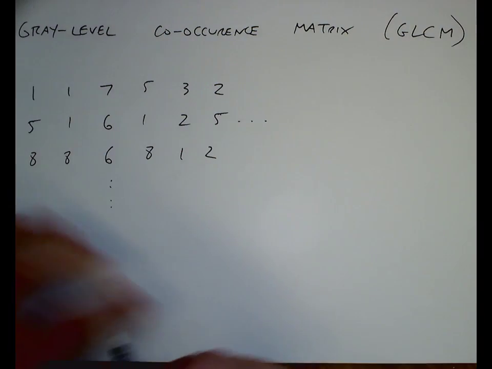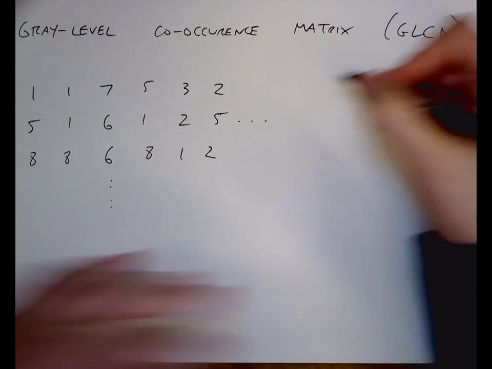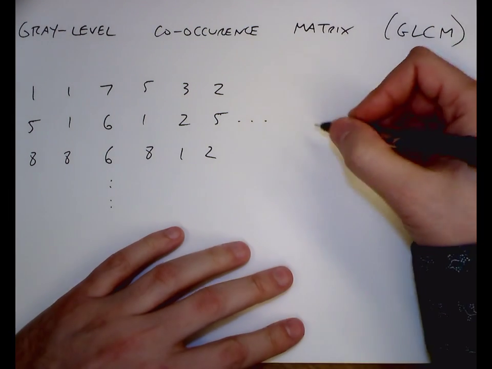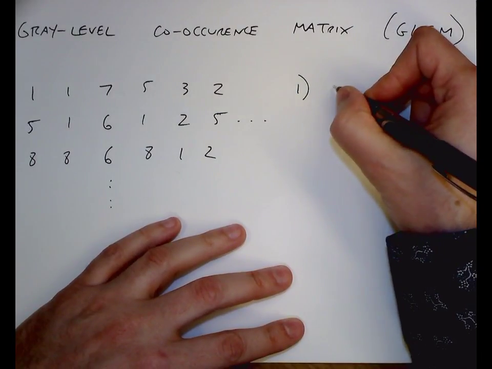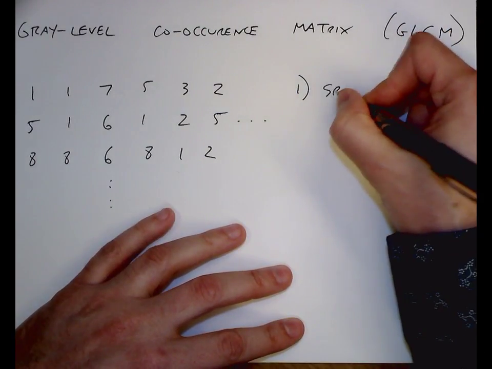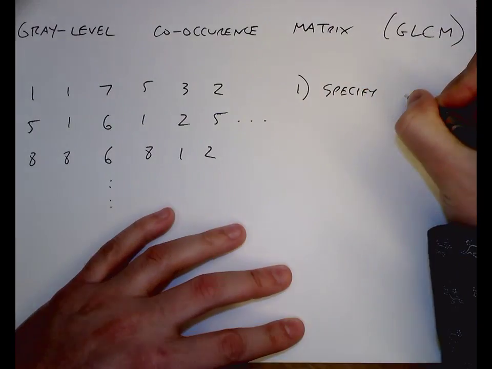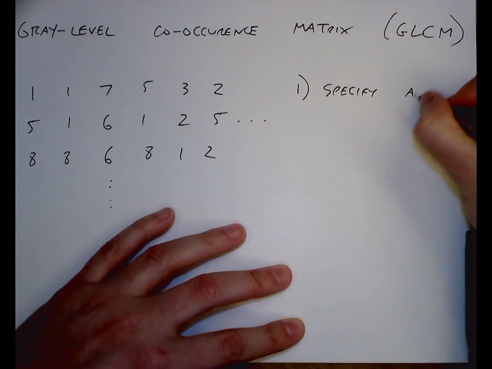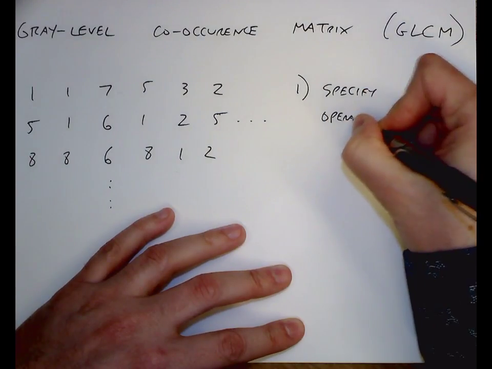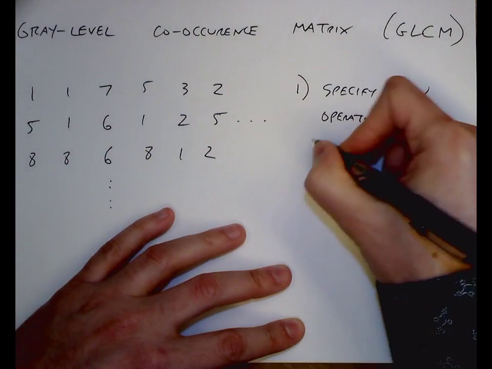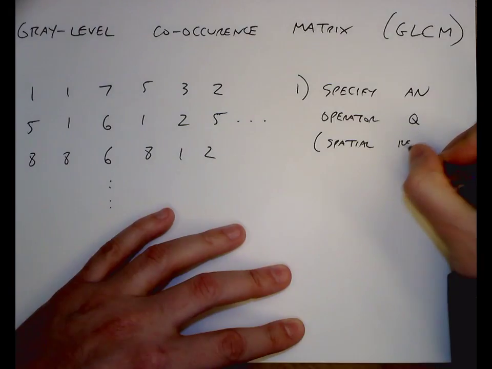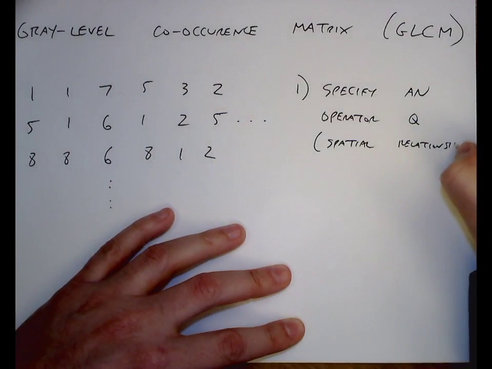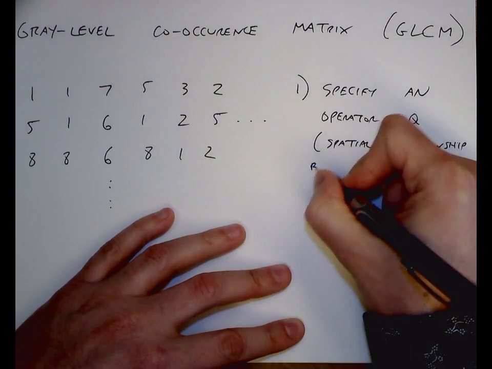So the first thing I do is I choose what's called an operator, so I specify an operator, which is basically a spatial relationship between two pixels.